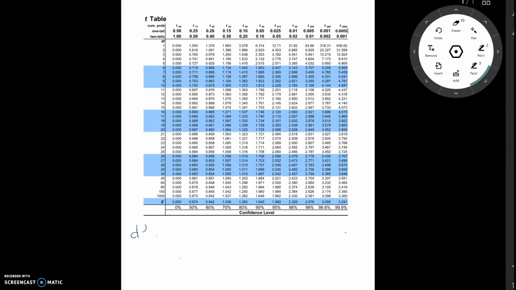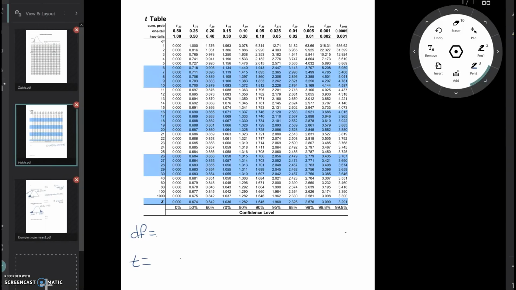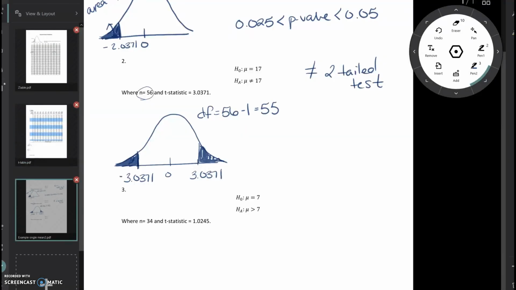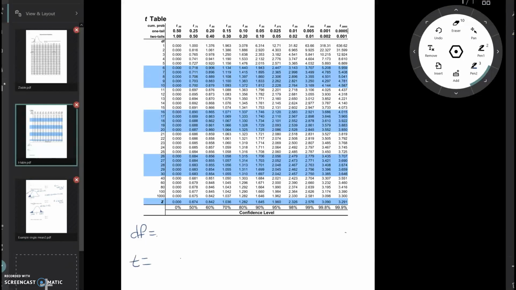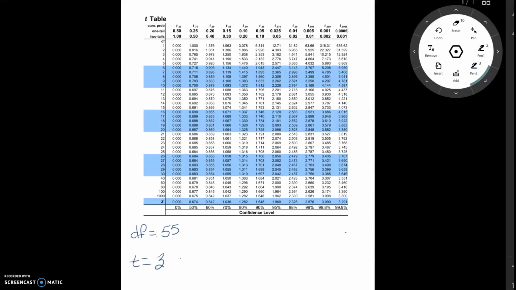This time we have 55 degrees of freedom and our test statistic was equal to 3.0371. We do not have a 55 line, so moving down, the next closest is the 40. We want to find the two values that 3.0371 is between. It's going to be these two.